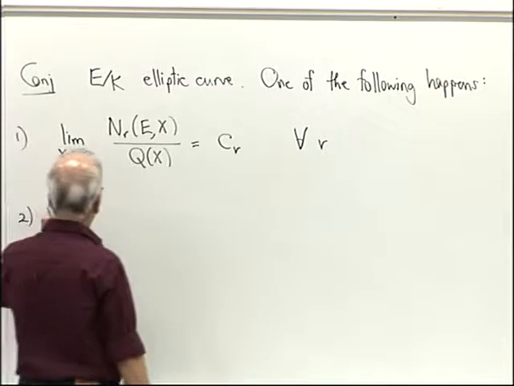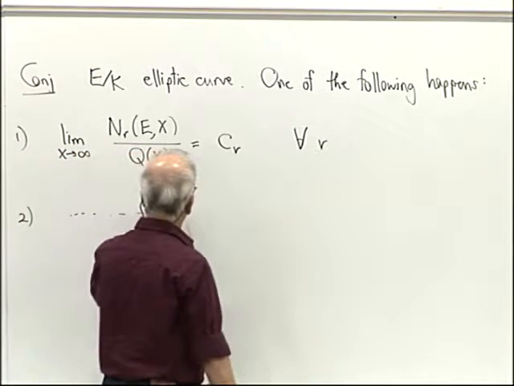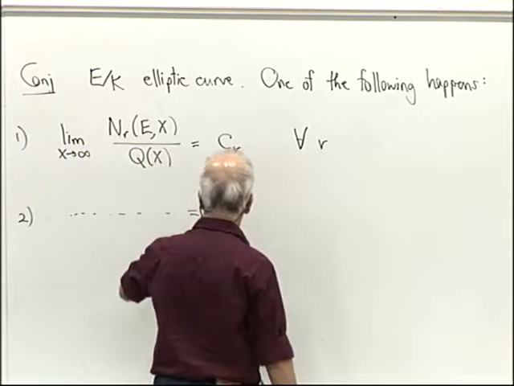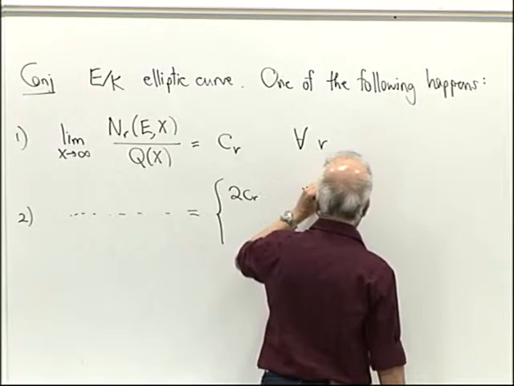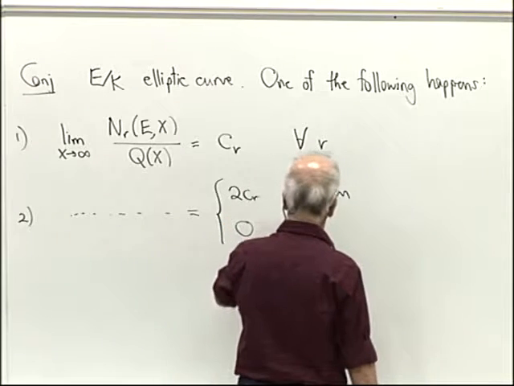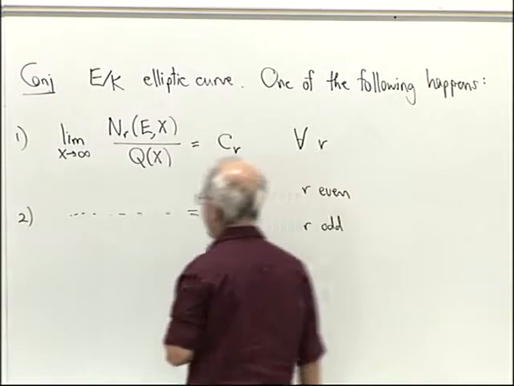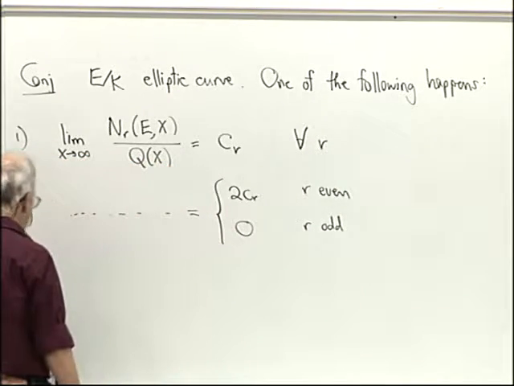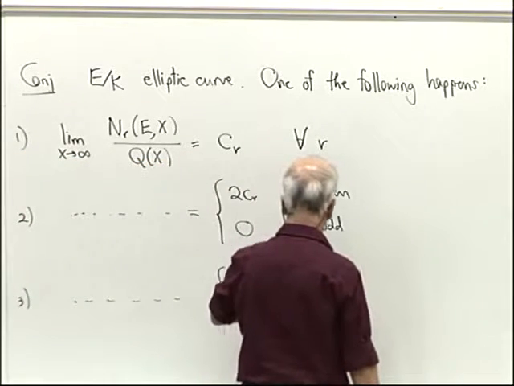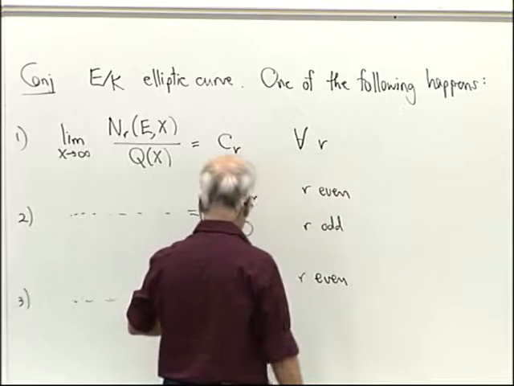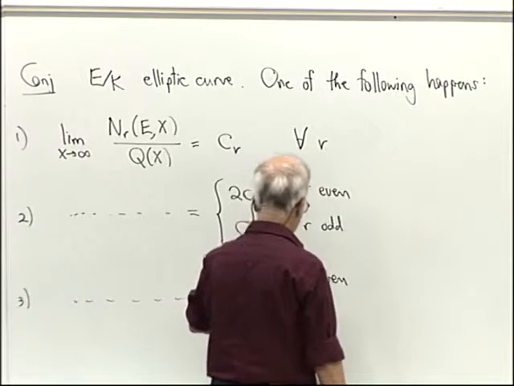Second, this same limit has two possibilities, namely it's twice C_r if r is even, and 0 if r is odd. And third, the reverse. It's 0 if r is even, and twice C_r if r is odd.